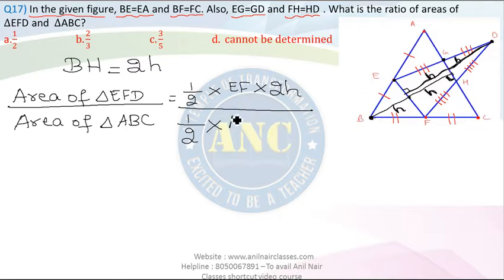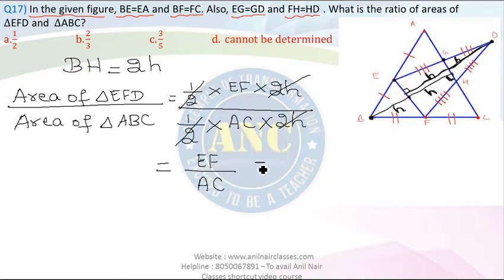So AC will act as base. It is AC into height, which is again h plus h, so totally 2h. 2h will cancel with 2h, half will cancel with half. So I can say that the area ratio is EF divided by AC.